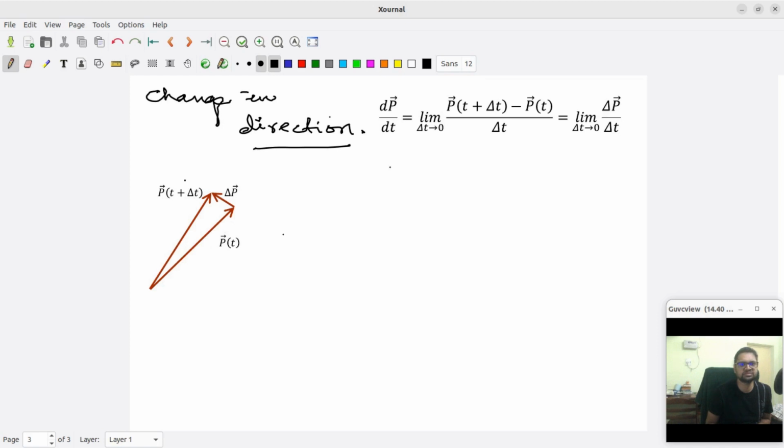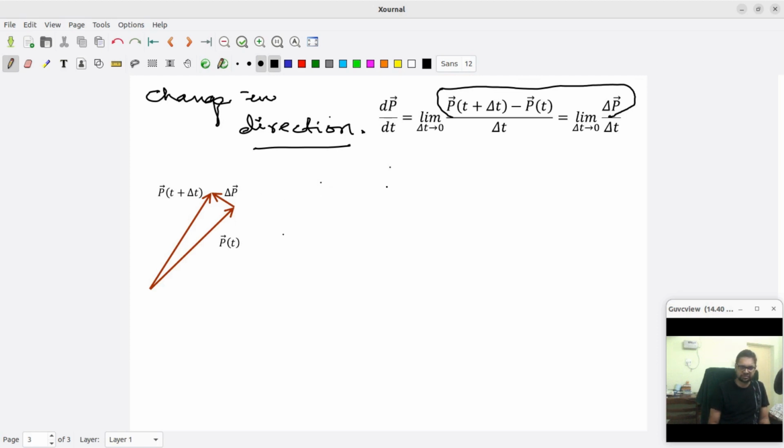So the difference is delta P, which is P(t plus delta t) minus P(t).